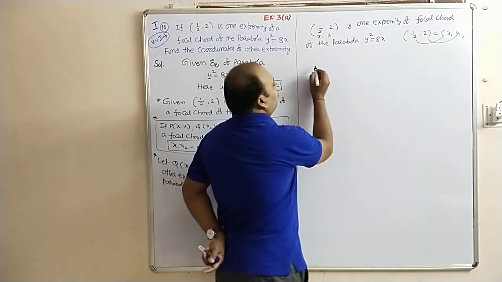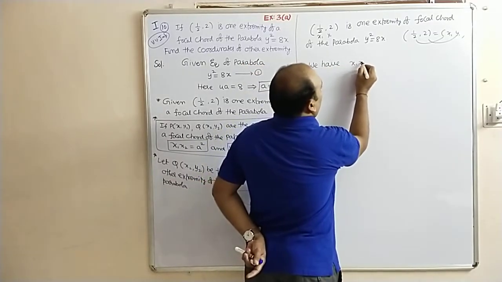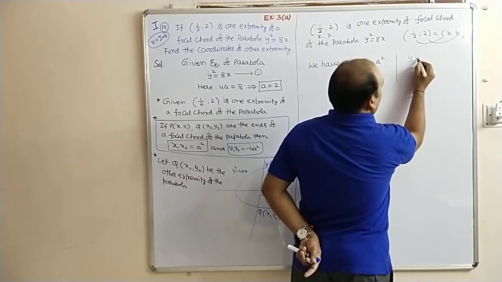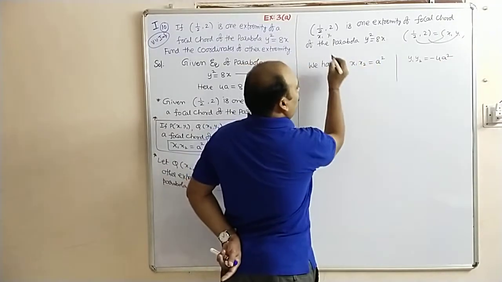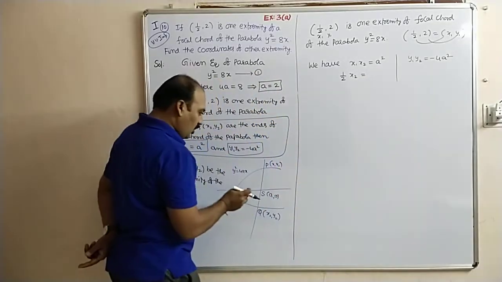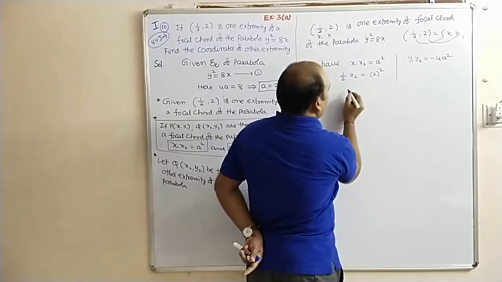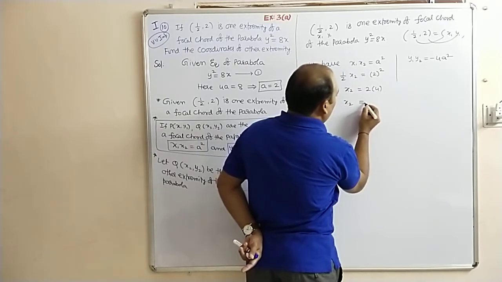So we have formulas x1 x2 equal to a square and y1 y2 equal to minus 4a square. So x1 value is what here, 1/2, x2 we don't know, equal to a square. A value we got out here, 2 square. So x2 equal to 2 into 2 square is 4, x2 is equal to 8.